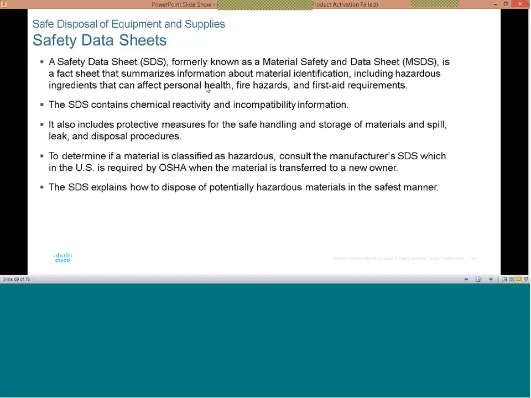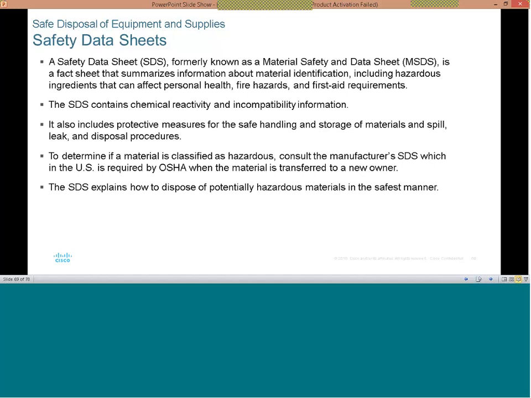So we need to study the safety data sheet to be able to know how best to handle some of these expired or, what I said, used computer components. Like we stated those items in the last slide, so you need to watch out for them, follow the procedure, look at the safety data sheet from the manufacturer, and follow the procedures.